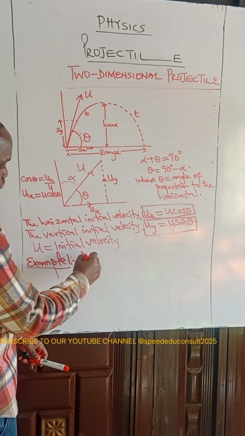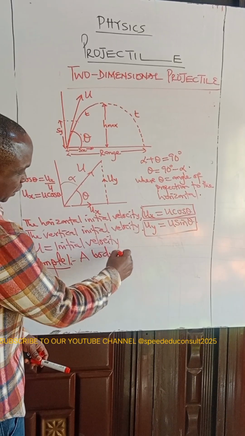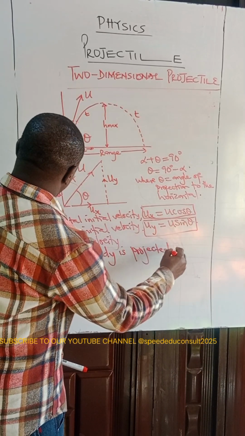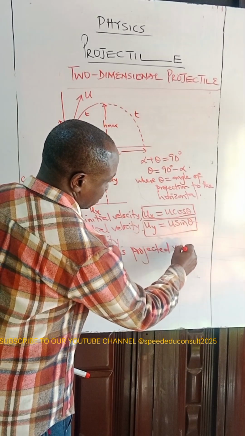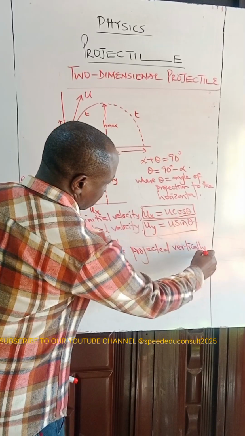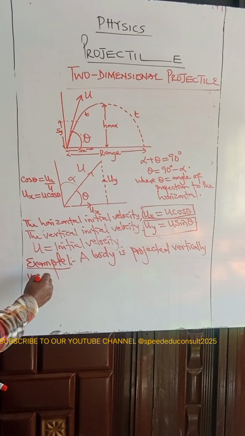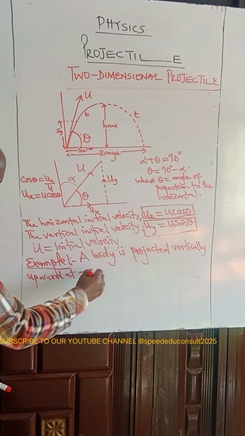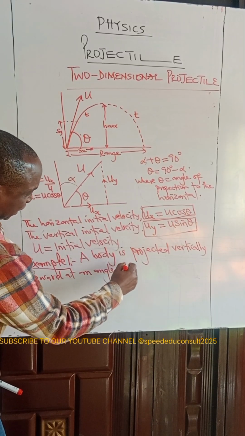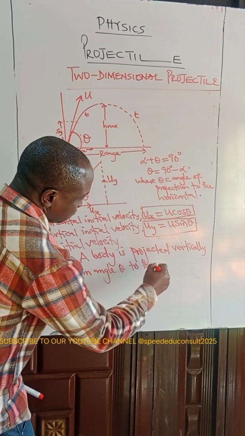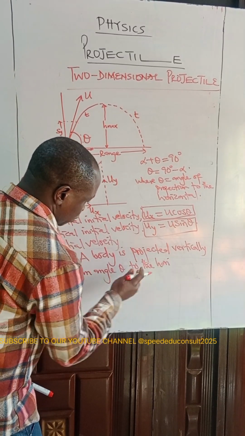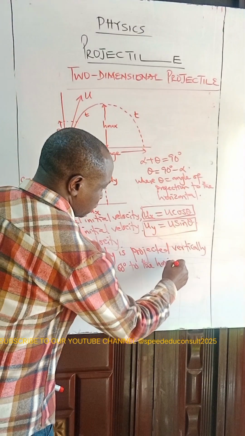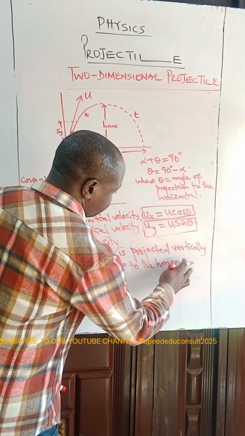A body is projected upward at an angle theta to the horizontal. So let me say at an angle of 60 degrees to the horizontal.